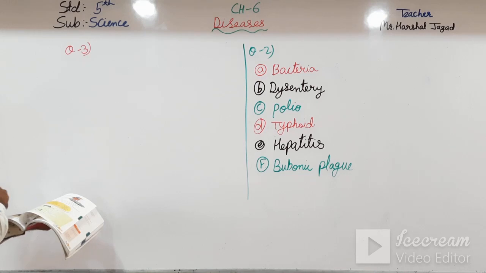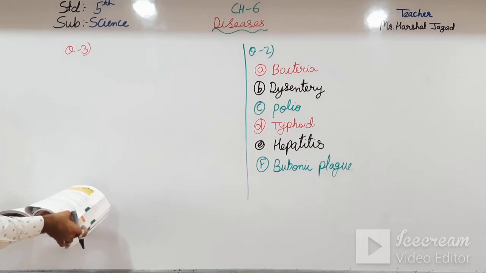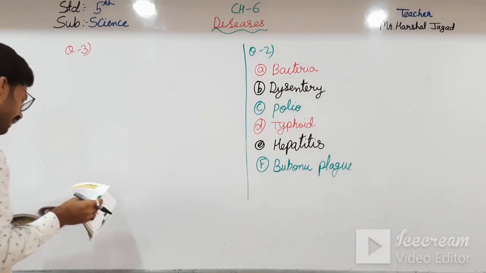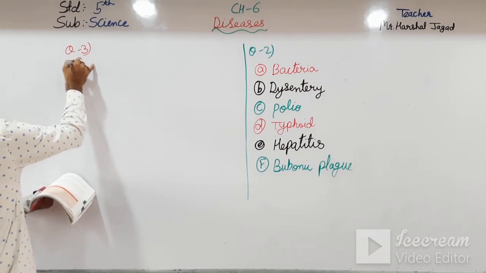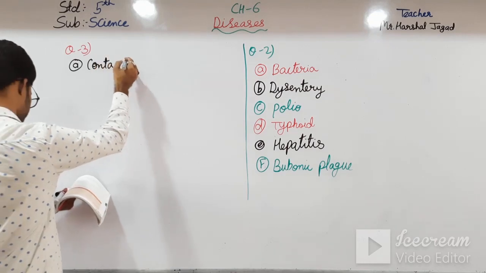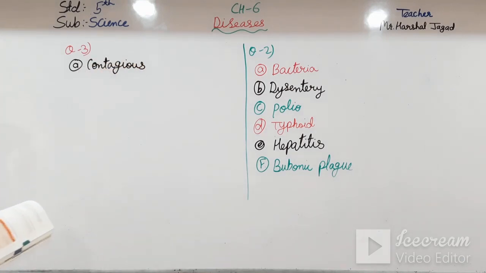So here it was given on the page, communicable diseases, or you can say in direct contact, then it will be contagious diseases. In A it will be contagious diseases.